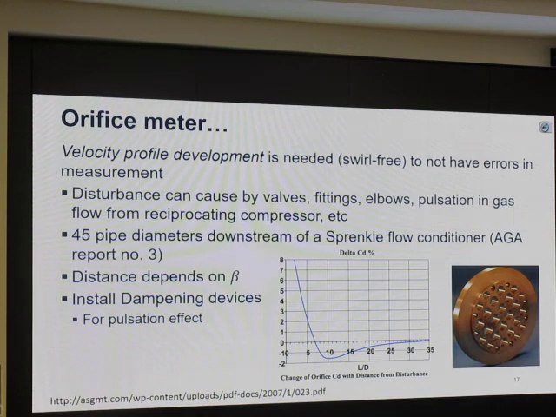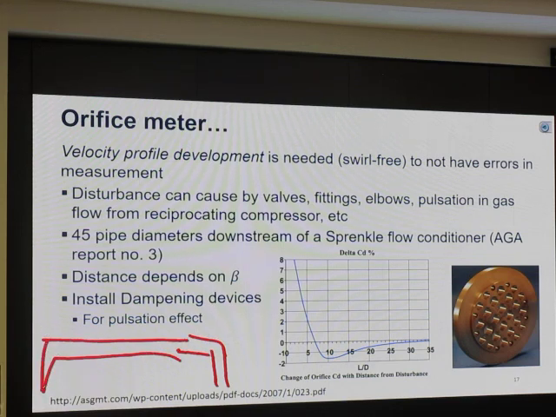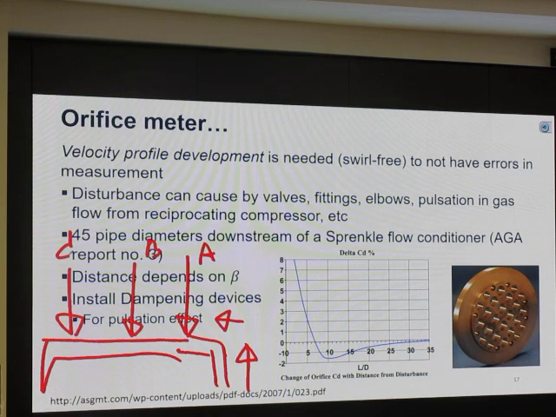When I have a meter run, it goes up, and its pipe is very long, and it goes down. So the flow comes from this side and goes down. Should the orifice plate be located at location A, B, or C? Maybe B, right? C maybe is a little bit difficult.